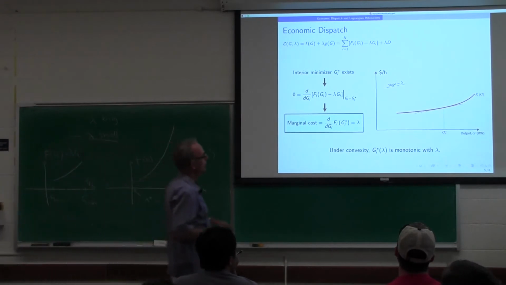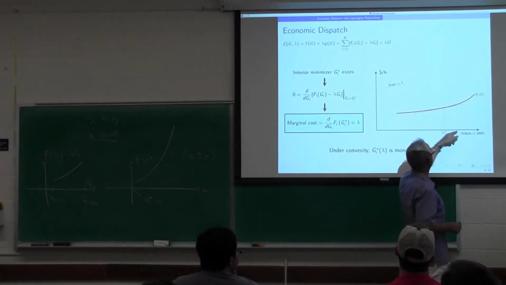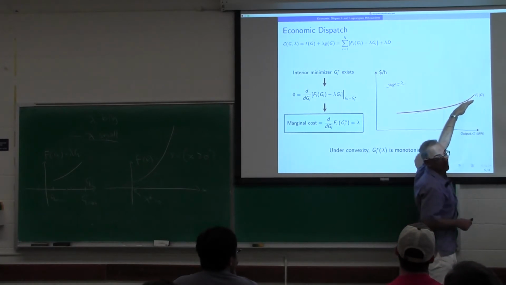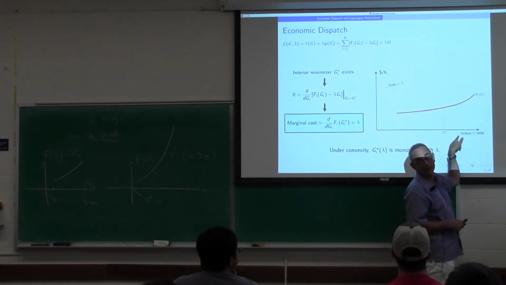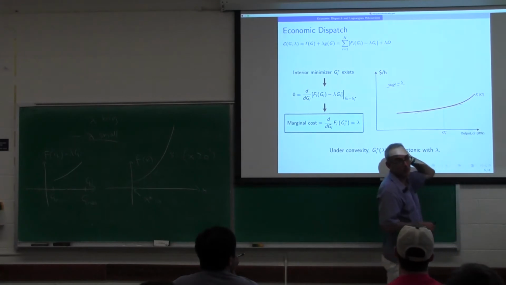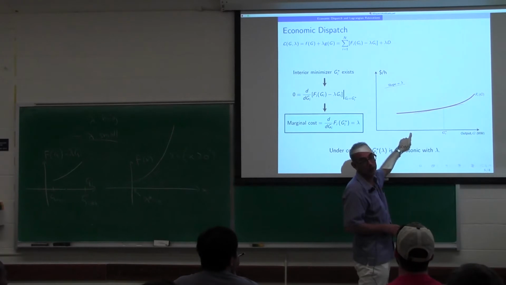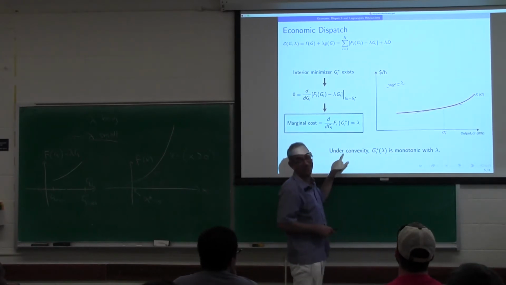If I make lambda larger, I get a bigger slope to match up. I'm going to get a point which is larger. If I make lambda smaller, a shallower slope, I might end up going over here. And that's because of convexity.